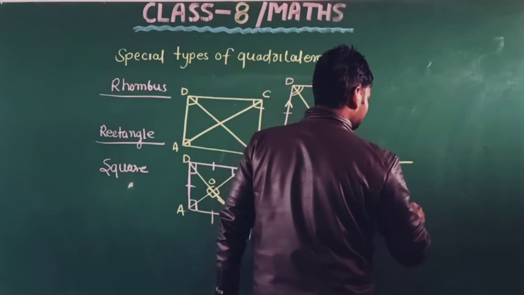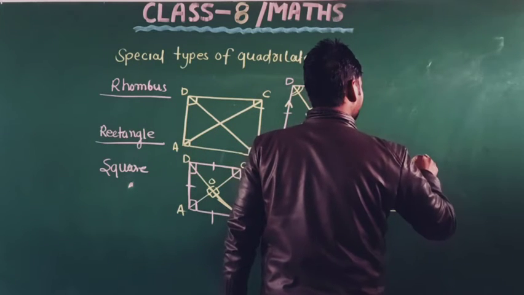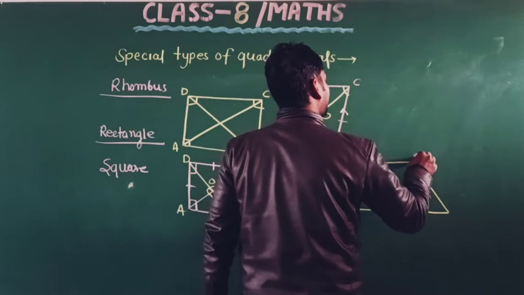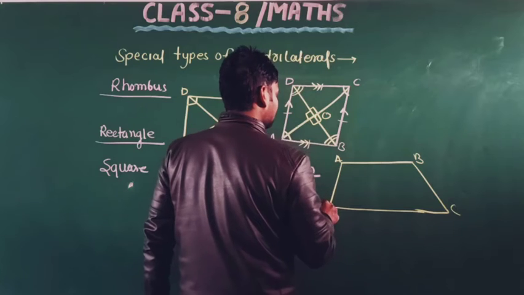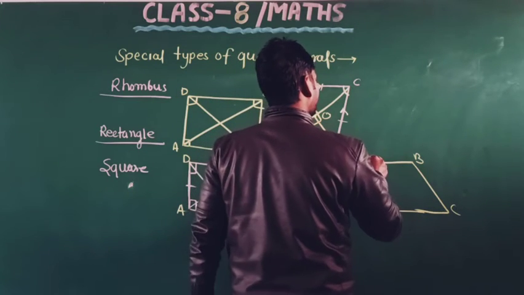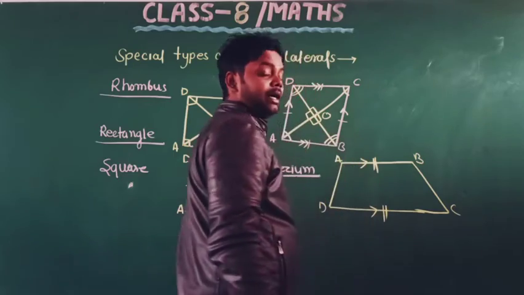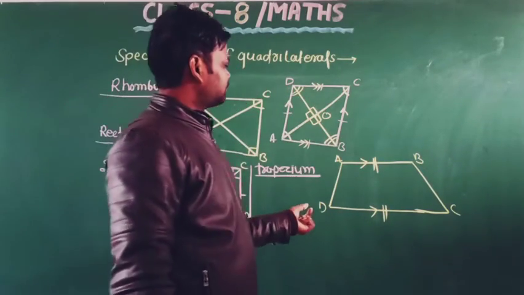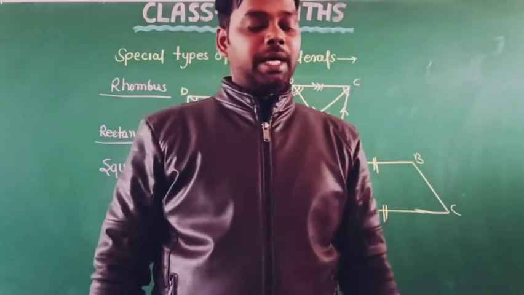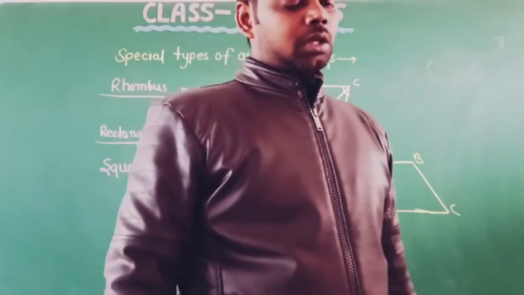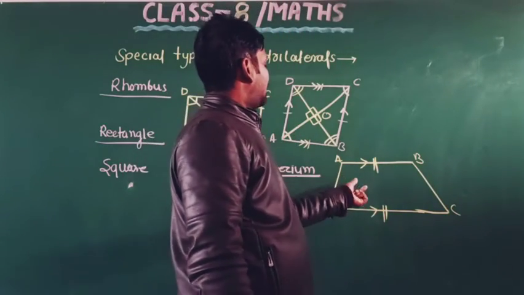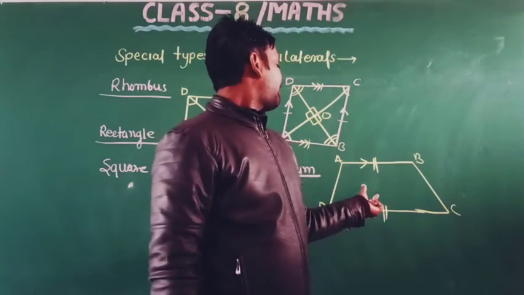One pair of opposite sides is parallel. Okay, so this is called a trapezium.